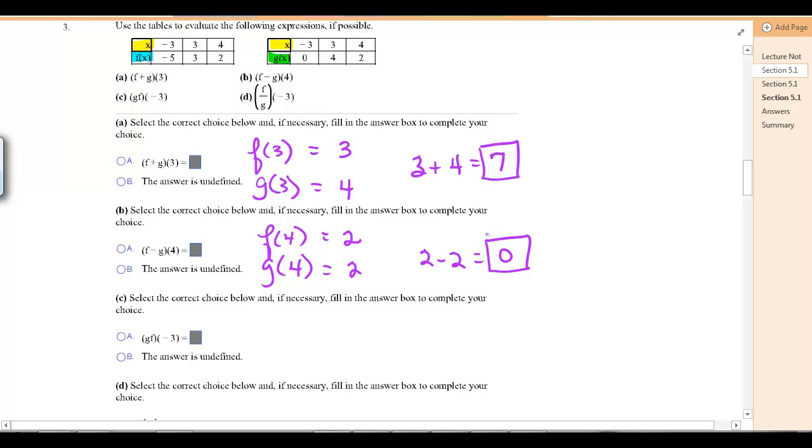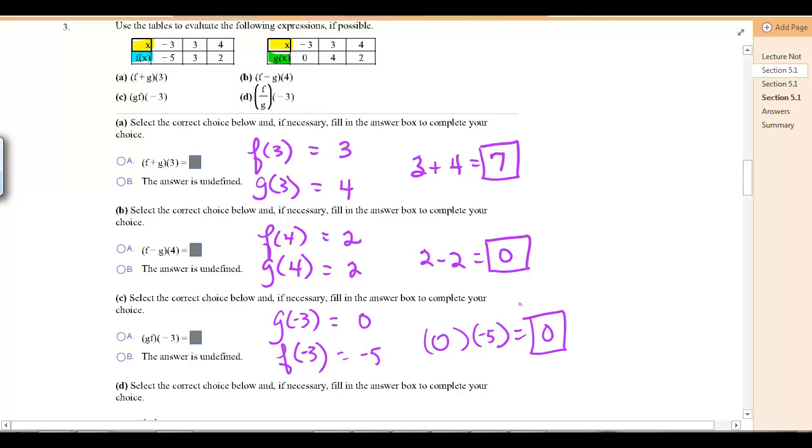All right, on the g of f of negative 3, we need g of negative 3 and we need f of negative 3. And g of negative 3 right here is 0. F of negative 3 is negative 5. 0 times negative 5 is 0.